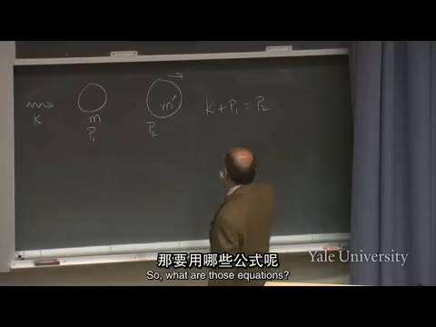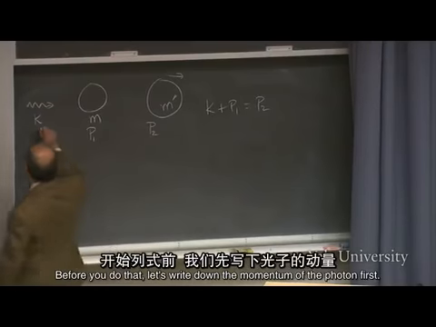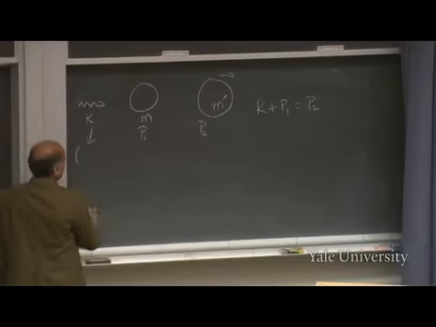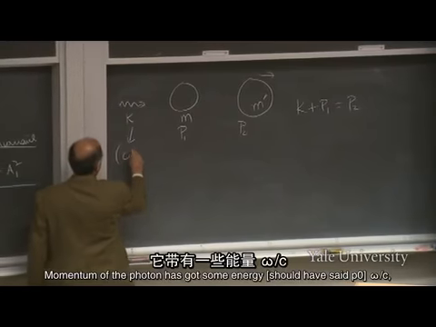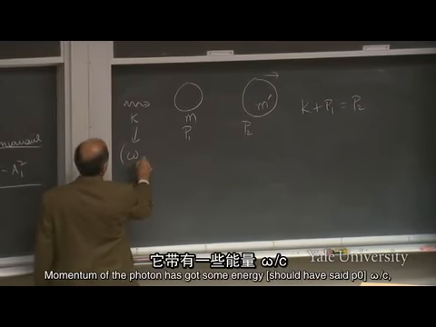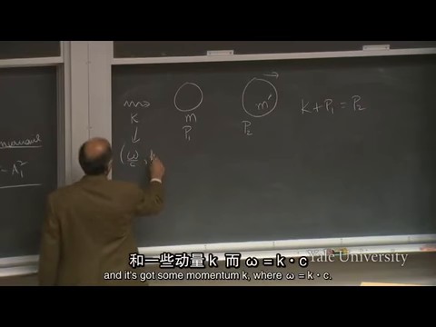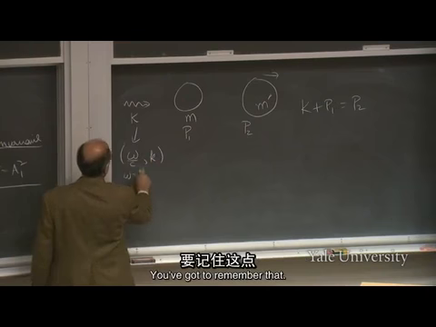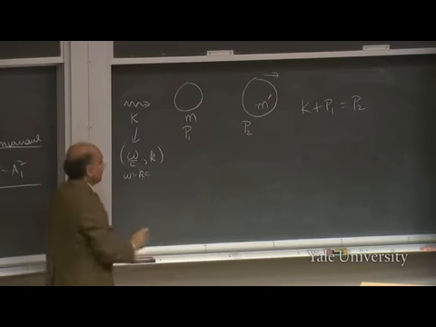So what are those equations? Before you do that, let's write down the momentum of the photon first. The photon has some energy, omega over c, and it's got some momentum k, where omega equals kc. You've got to remember that.